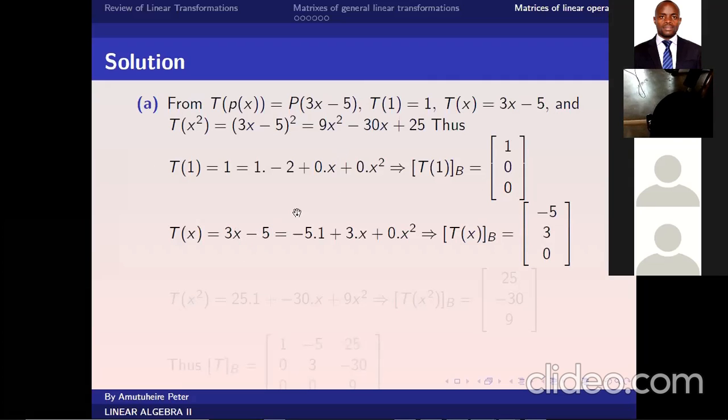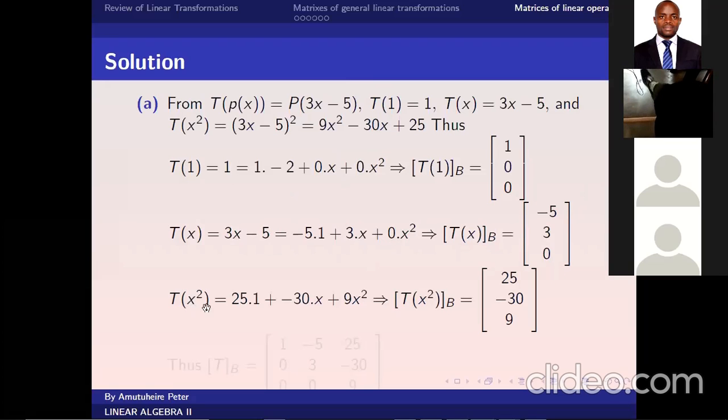Likewise, this T of x, 3x minus 5, written as a linear combination of the basis elements in P2, is negative 5 times 1, which gives the negative 5, then plus 3 times x, which gives 3x, then 0 times x squared. Then T of x squared, we can write it as a linear combination: 25 times 1 plus negative 30 times x plus 9 times x squared.